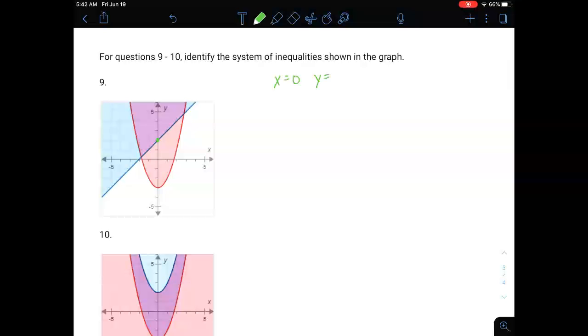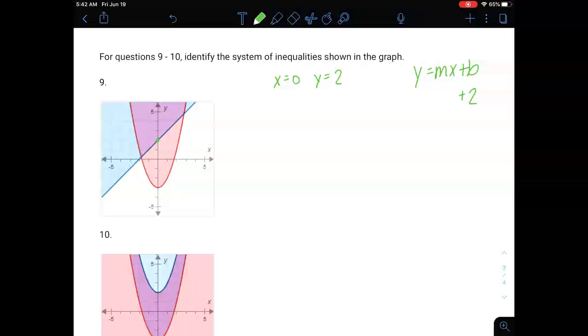So if we look at our linear line here, at x equals 0, we have y is equal to +2. So for our linear line, y equals mx plus b, our b value, we just found out, is 2. Now we need to figure out what our slope is.